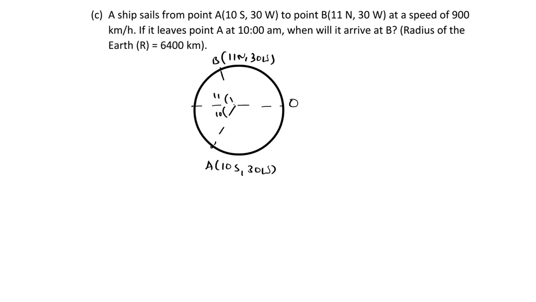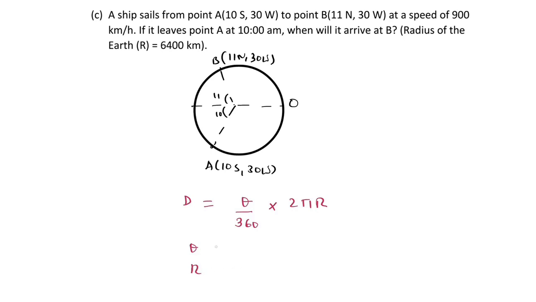Then to find the time of arrival, let us first find the distance traveled using the following formula, which says distance equals theta over 360 times 2 pi r, where theta is the difference in latitude and r is the radius of Earth.